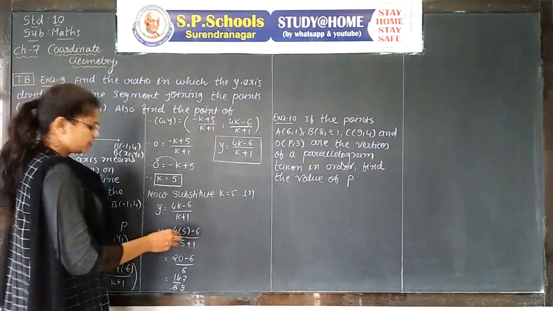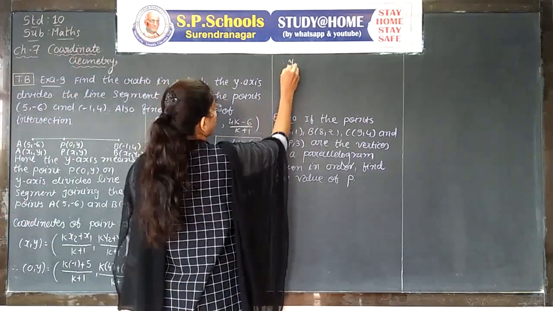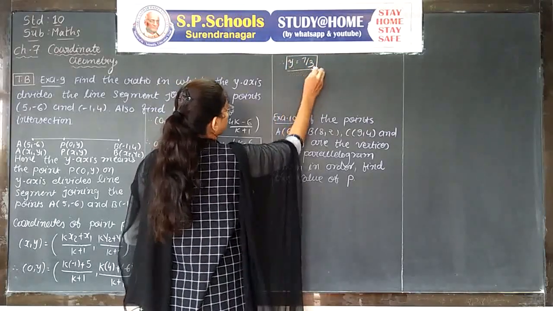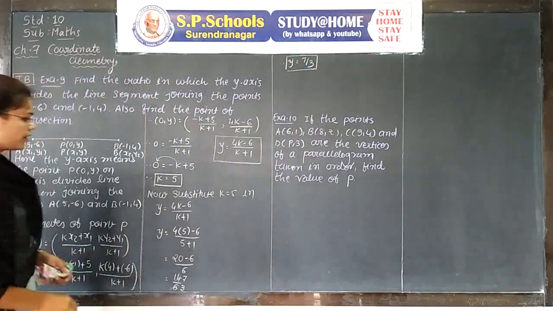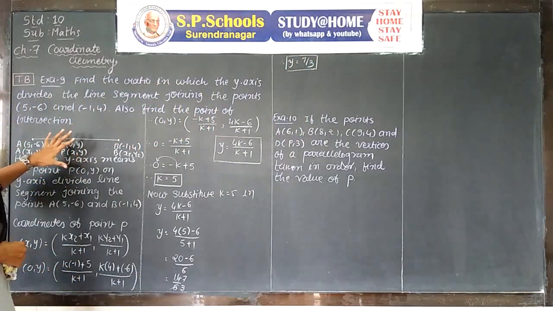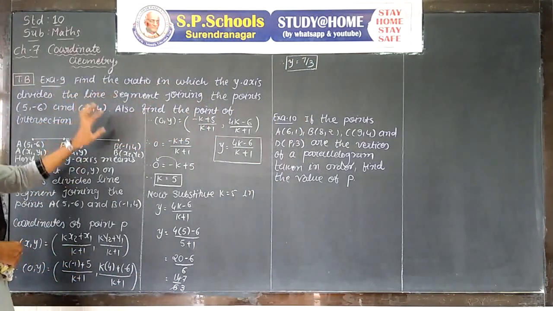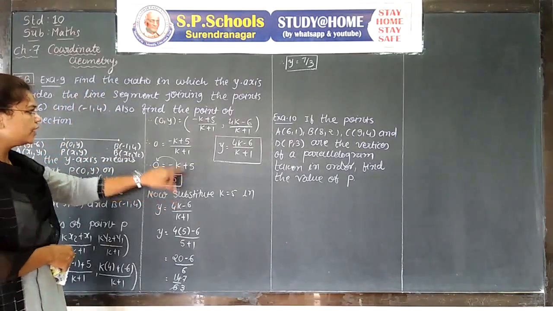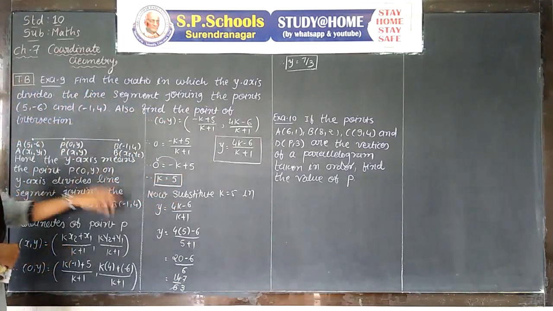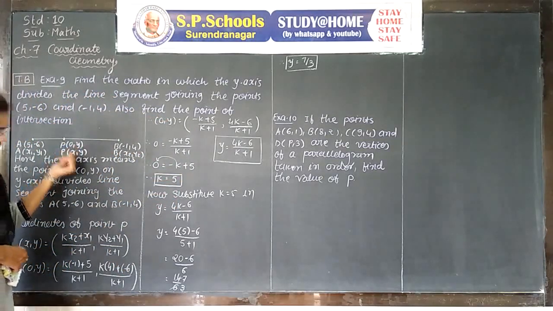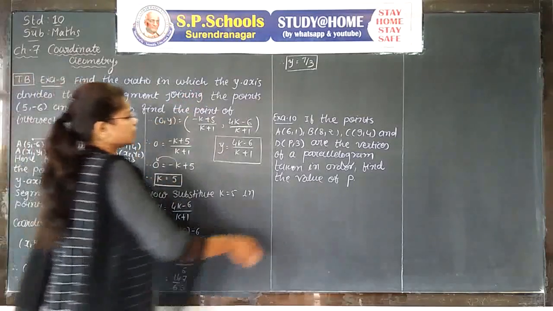Value of y is 7 upon 3. Here y is equal to 7 upon 3. That's why both answers are available here. First find the ratio. The required ratio is k to 1, which means 5 to 1, and the point of intersection is 0, y. 0 is the x coordinate and the y coordinate is 7 upon 3.